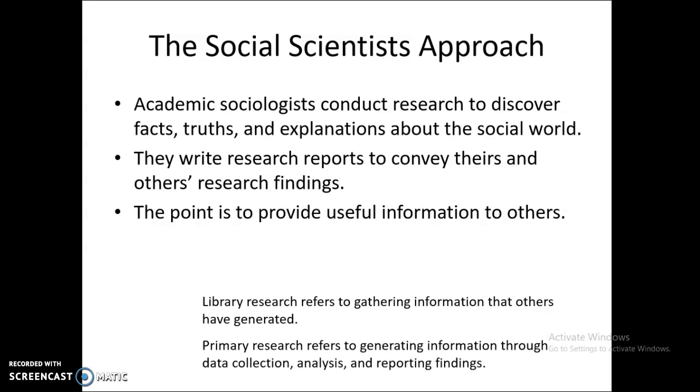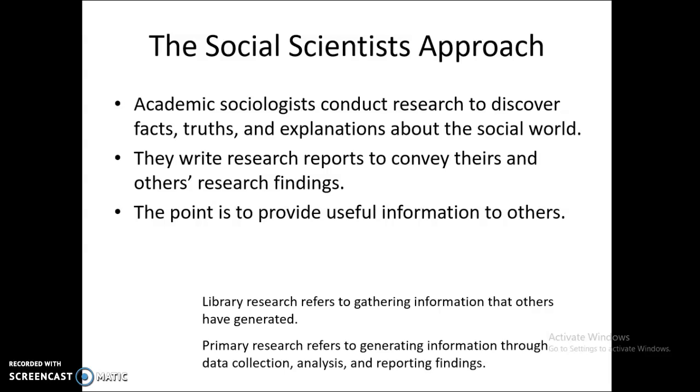I also emphasized in my previous video that the social scientists' approach to research is a bit different from that of computer scientists. The social scientists are interested in discovering the truth, the facts, and then explaining this to the social world.